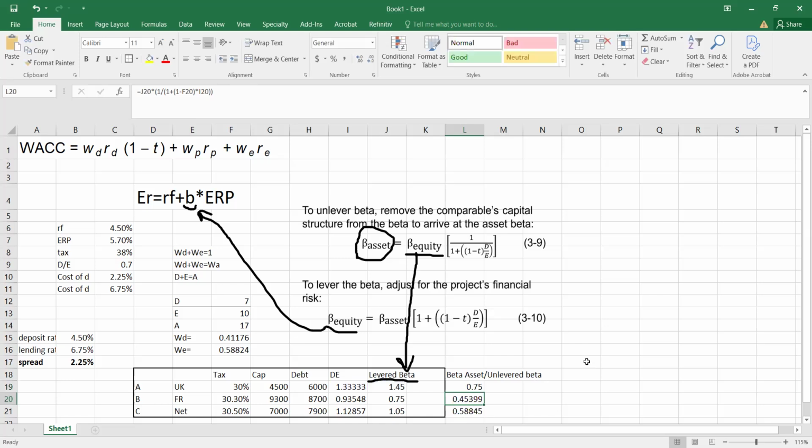However, now to calculate this beta asset, you need to calculate the average of it. So my beta asset is basically the average of all this.